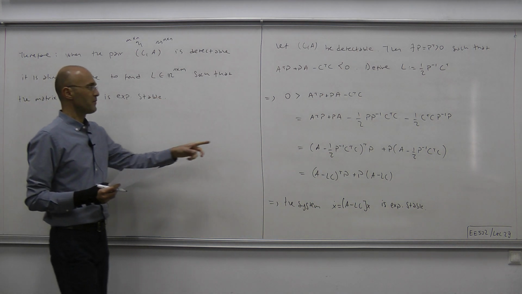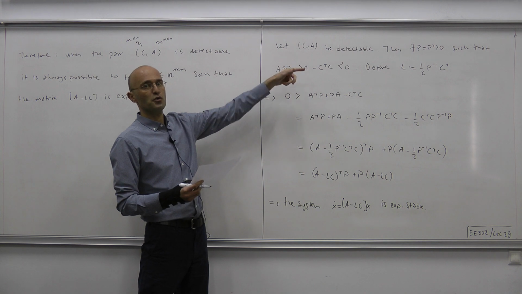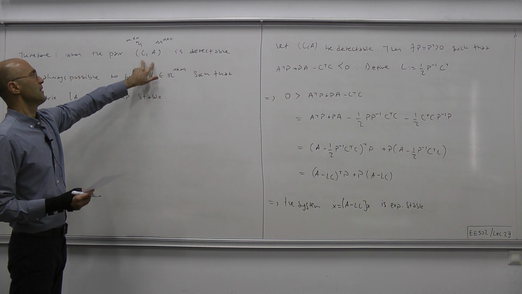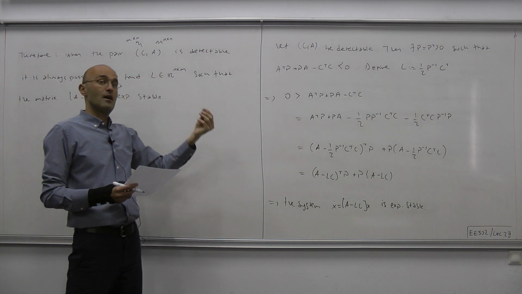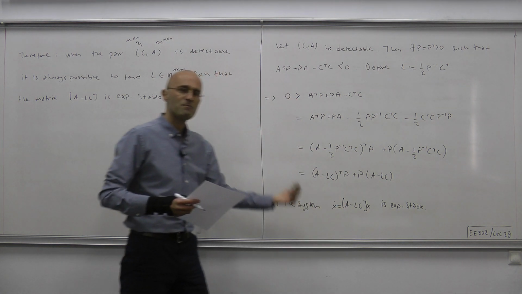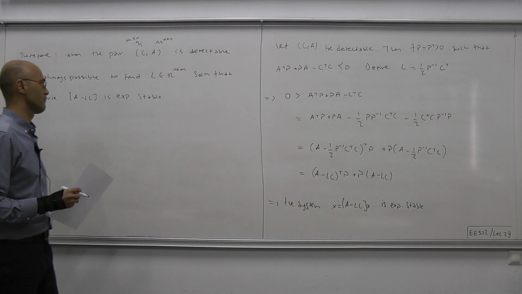Okay. Now this is also true for the discrete time case. So that means if C and A is a detectable pair in the discrete time sense, then you can find an L such that all the eigenvalues of this matrix are strictly within the unit disk.